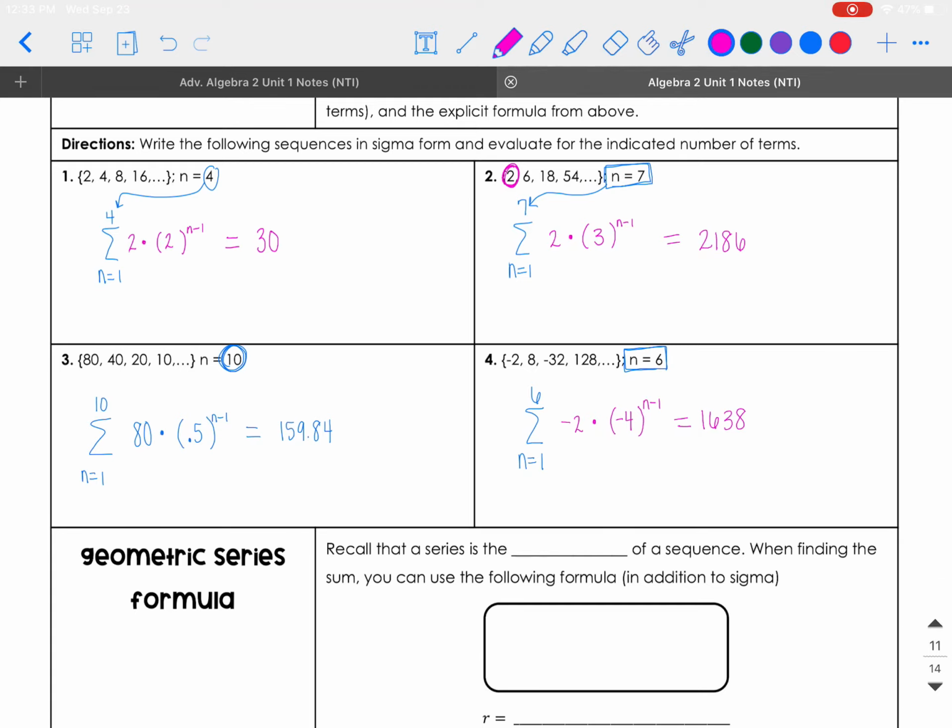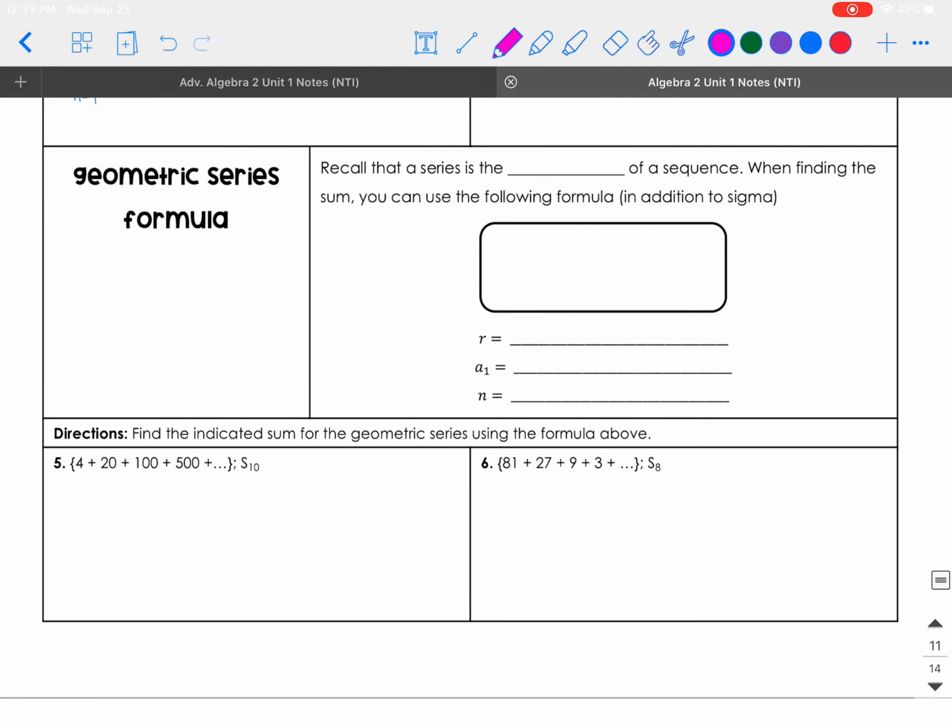Using sigma is just one of two ways for evaluating the series. So just like with arithmetic, we had sigma, but we also have a special series formula. So geometric is the same way. You can use sigma, but there's also another special series formula for you.